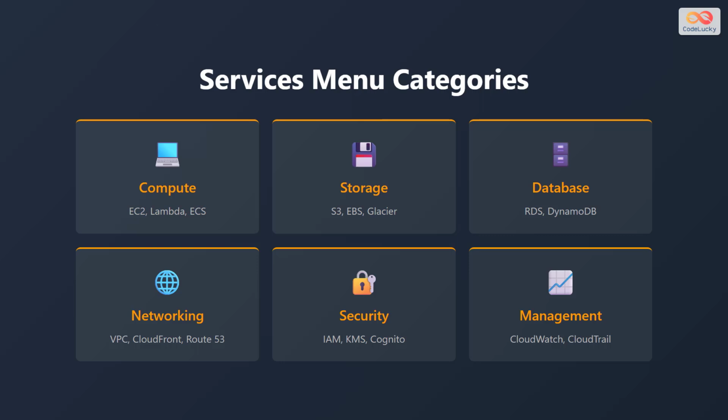Networking services include VPC for virtual networks, CloudFront for content delivery, and Route 53 for DNS management. Security services like IAM for identity management, KMS for encryption keys, and Cognito for user authentication. And management tools like CloudWatch for monitoring and CloudTrail for audit logging.